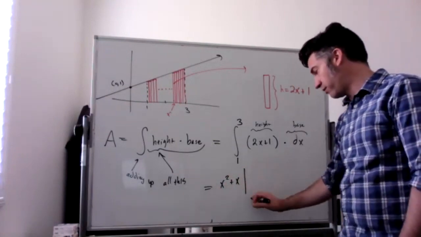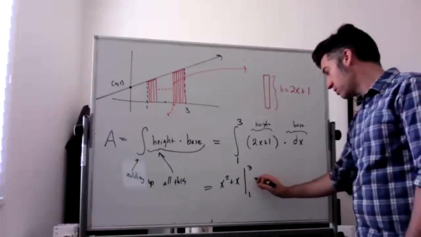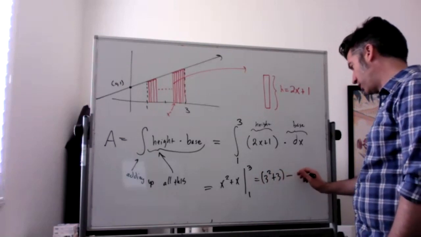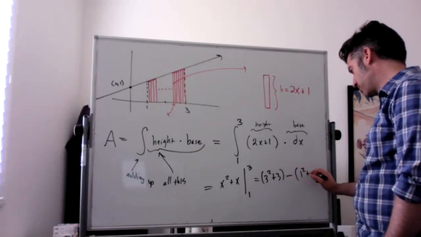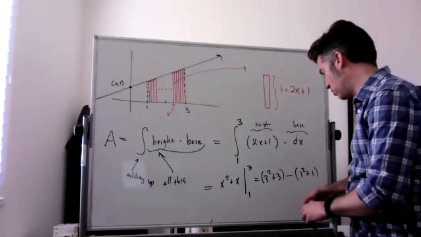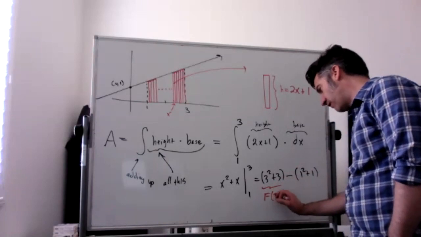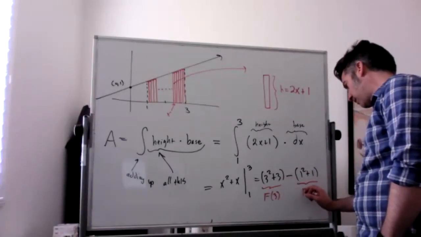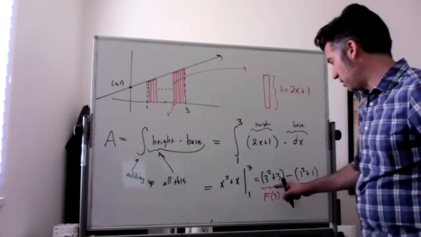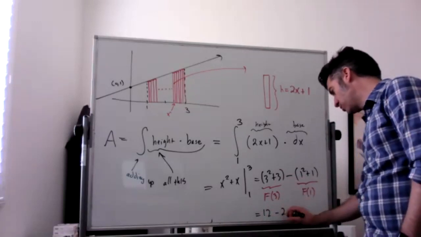We write a vertical line from 1 to 3, which just means you plug in the 3 first, minus you plug in the 1 second. Right? And this here is your capital F antiderivative of 3 minus your capital F antiderivative of 1. So then this ends up being 9 plus 3, which is 12, minus 1 plus 1, which is 2, so we get 10.